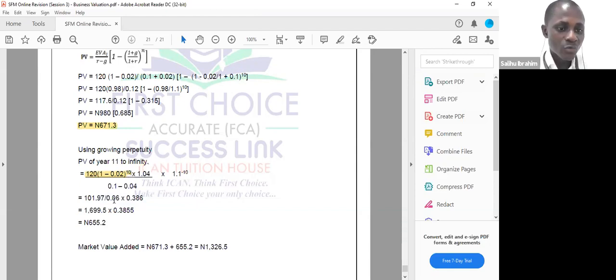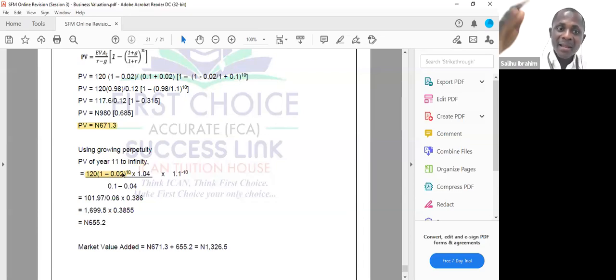So for year 10, it's going to be 120 times (1 minus 0.02) raised to power 10. Don't forget your future value, compound interest. That's the concept we are using here. So 120 into (1 minus 0.02) raised to power 10.